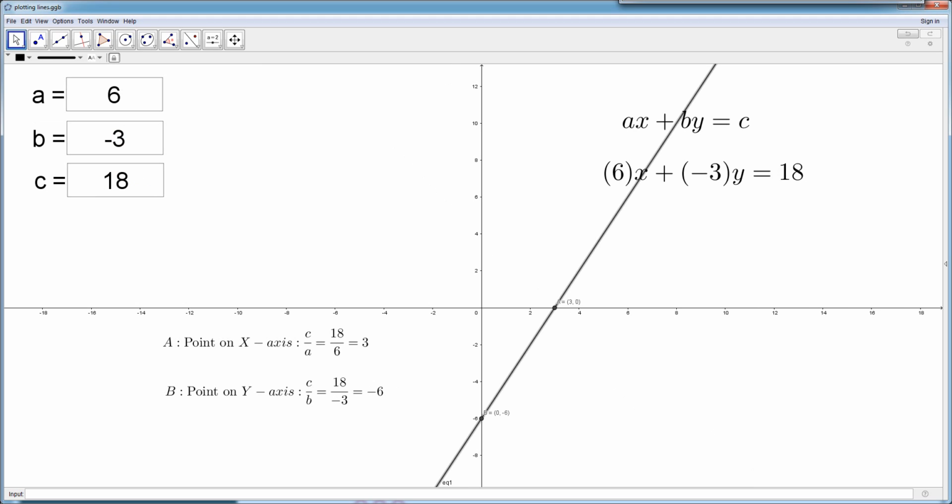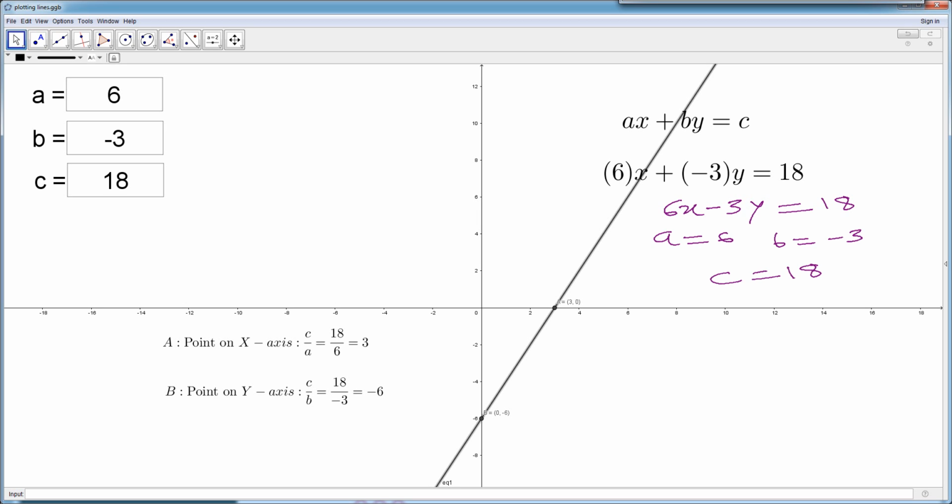And this is the straight line represented by the equation 6x minus 3y is equal to 18. The value of a is 6, the value of b is -3, the value of c is 18.